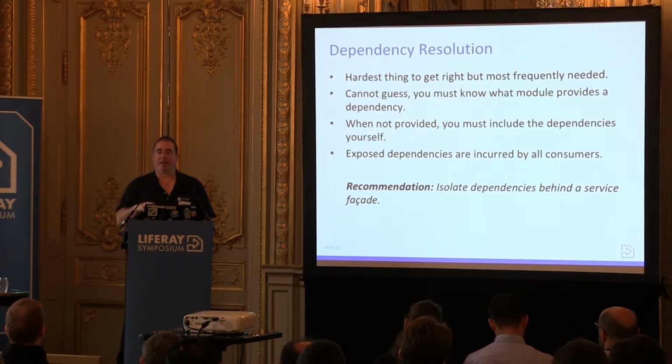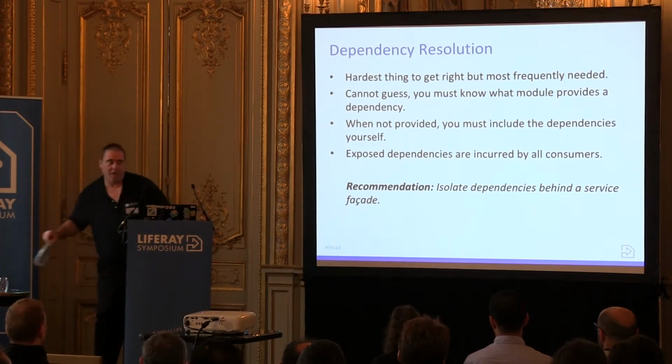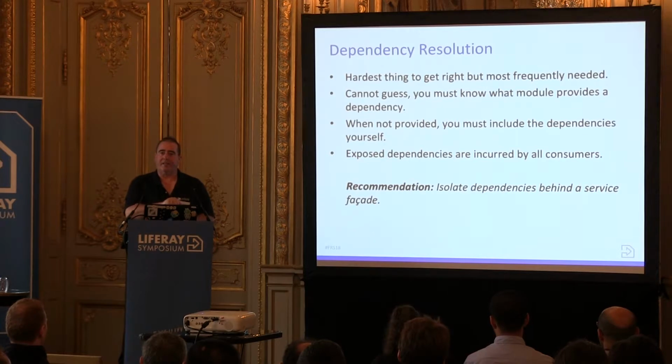But that's not provided by the container, so I have to have a dependency on Commons Digester. Well, that in turn has other dependencies on some of the Apache Commons libraries, and other libraries that also have some dependencies.